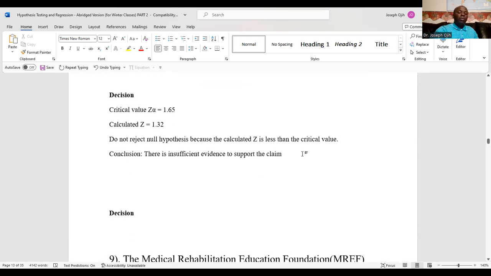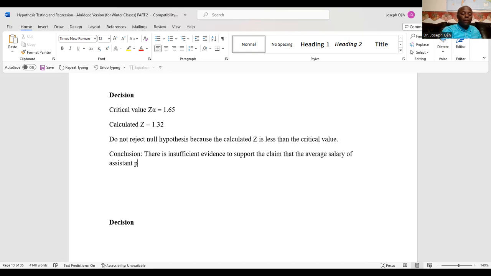So there's insufficient evidence for the claim that the average salary of assistant professors in 1997 is more than $42,000.